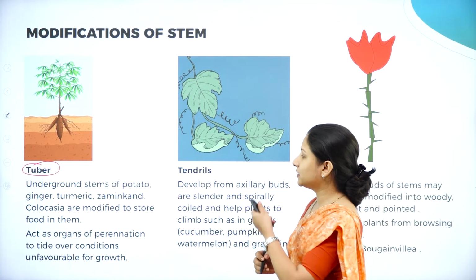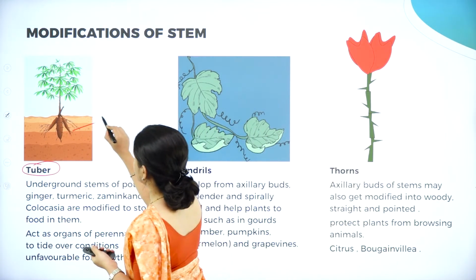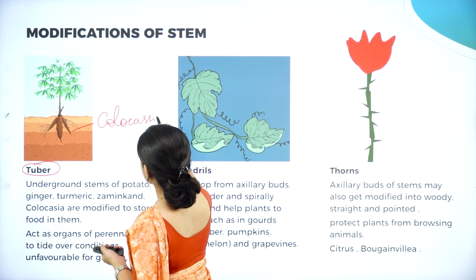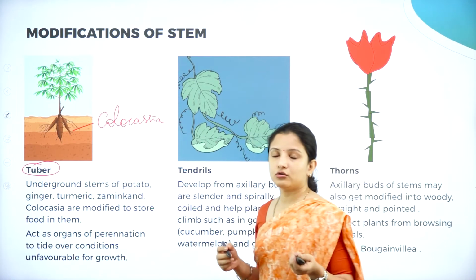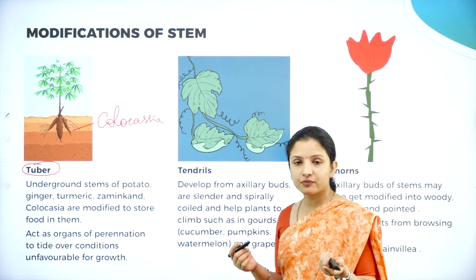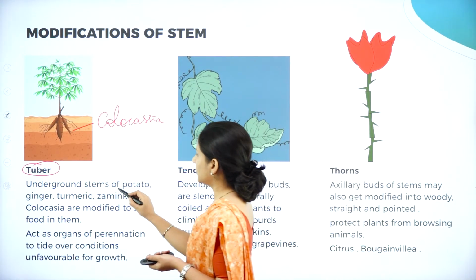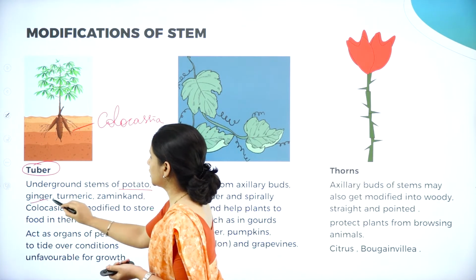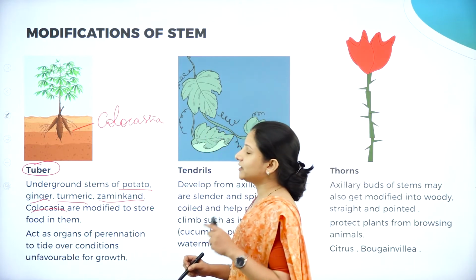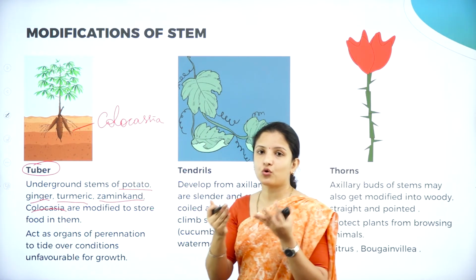The best examples are potato and colocasia. Colocasia, you all know, and tapioca and sweet potato also come under this category. The stems of potato, ginger, turmeric, zamindkand, colocasia, all these get modified into tubers like this, and tubers actually store food.